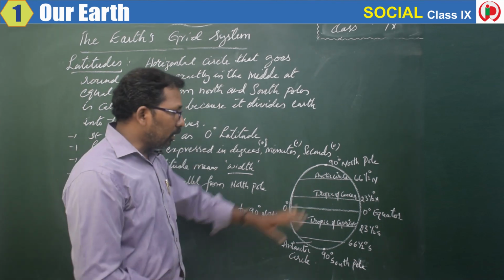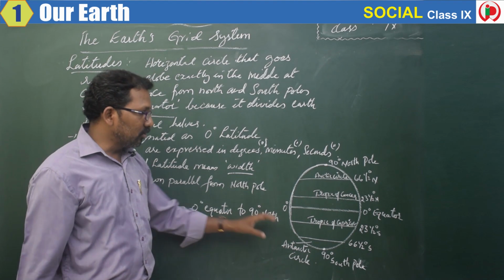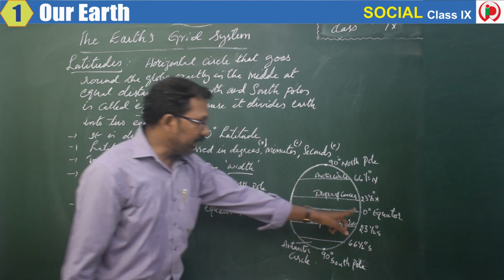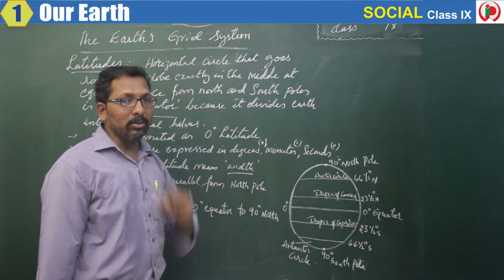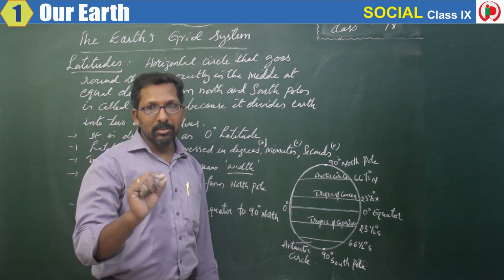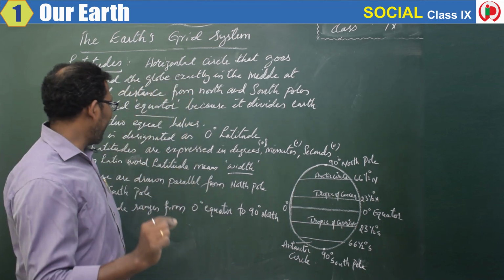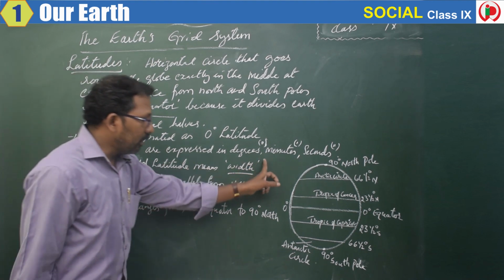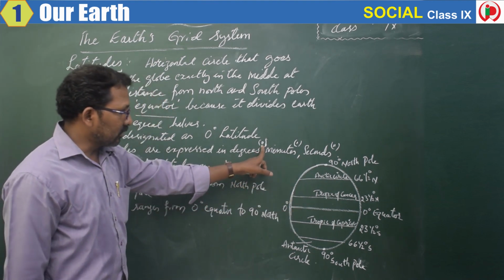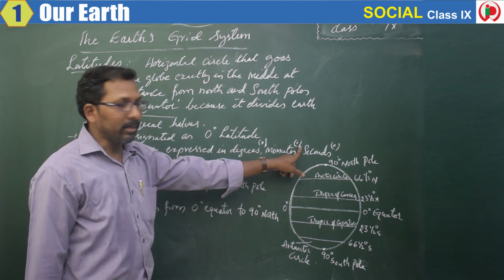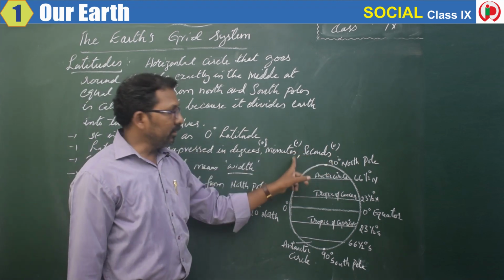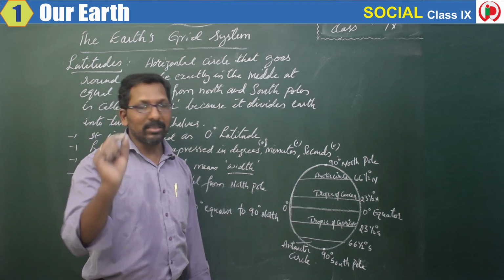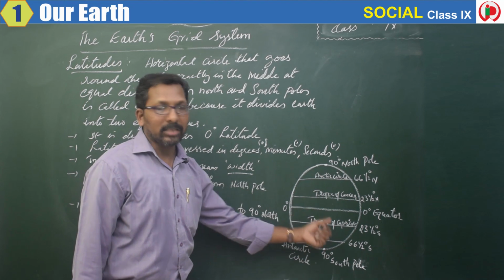Here also the latitudes are mentioned in degrees, and they are drawn in degrees, minutes and seconds. So in this way we can know what type of latitudes are present in the North Pole and South Pole.